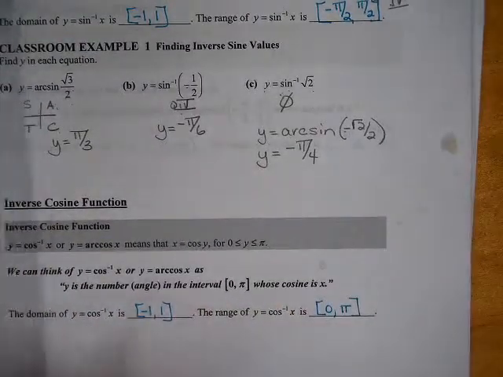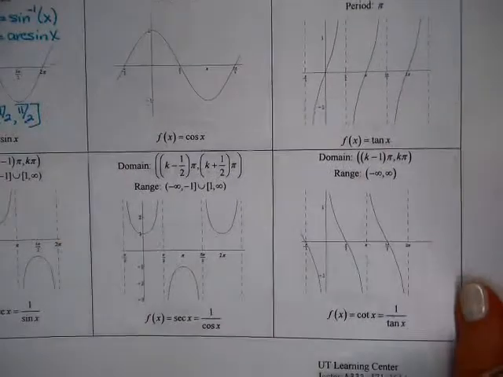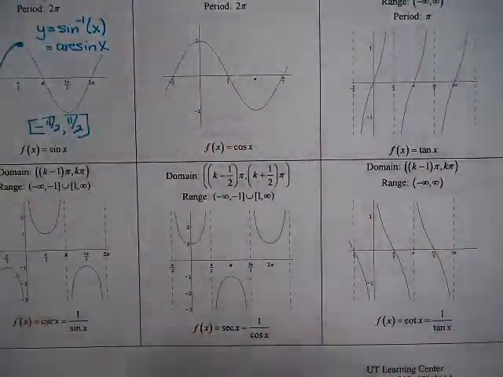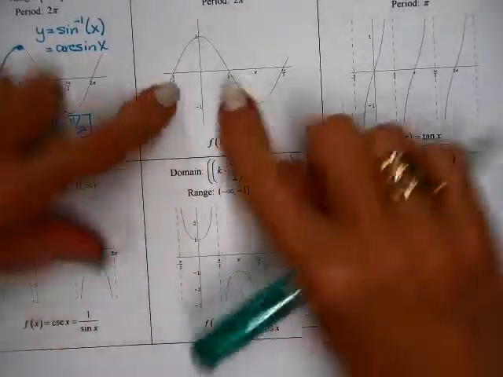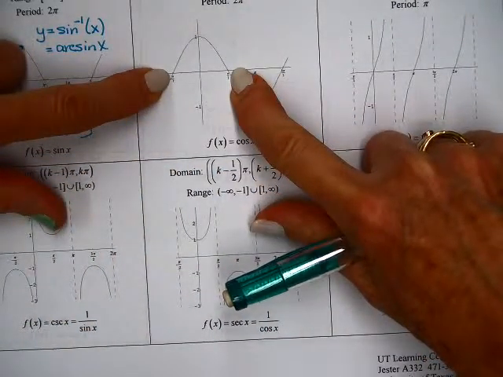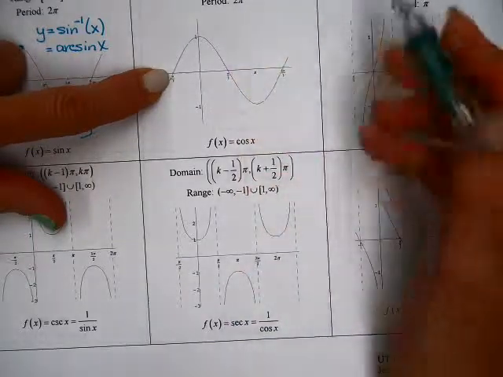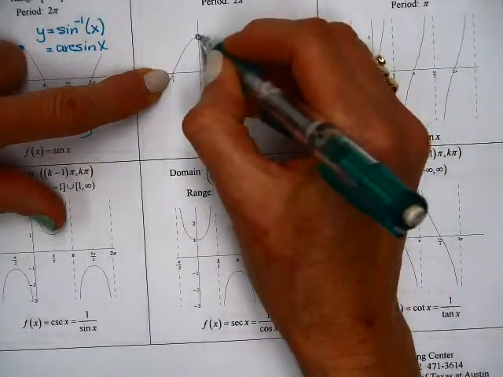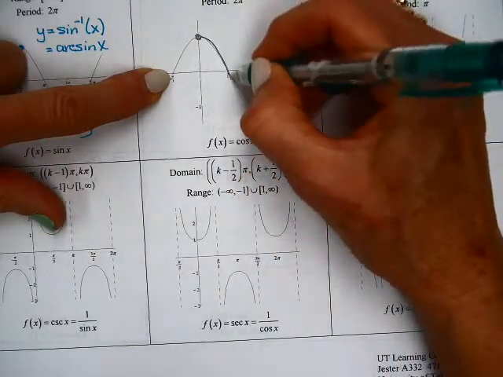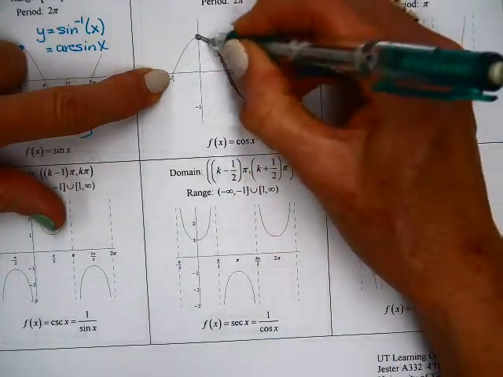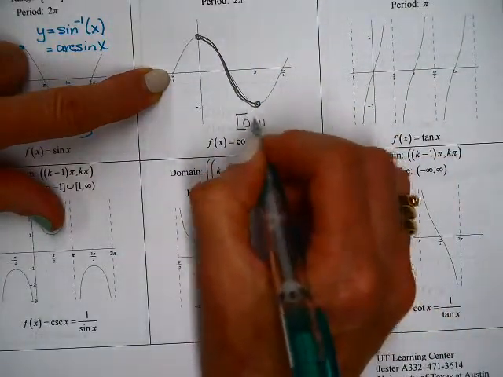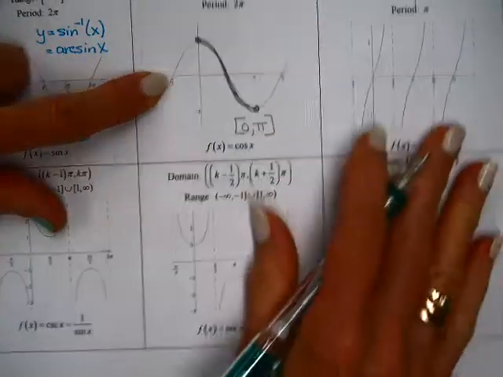Okay. Well, that's fine and dandy for the sine, but they had to take the cosine, and they had to do a different restriction on this one. If you'll look at the cosine function, if they did it the same way as the sine, this piece is not 1-to-1, so they couldn't restrict it the same. So they decided for the cosine function to look only at this little piece, which is the piece between 0 and pi this time.